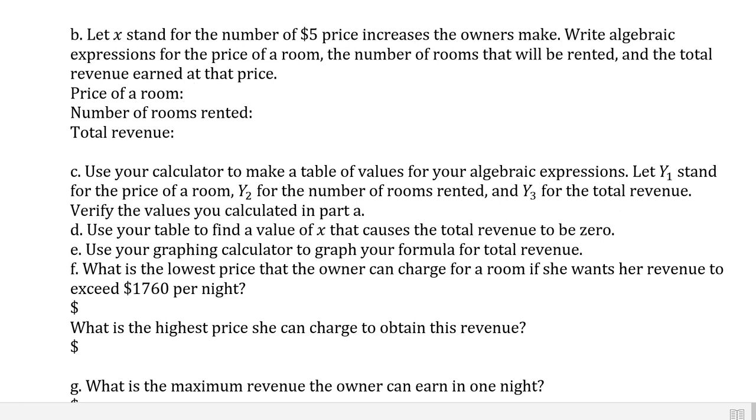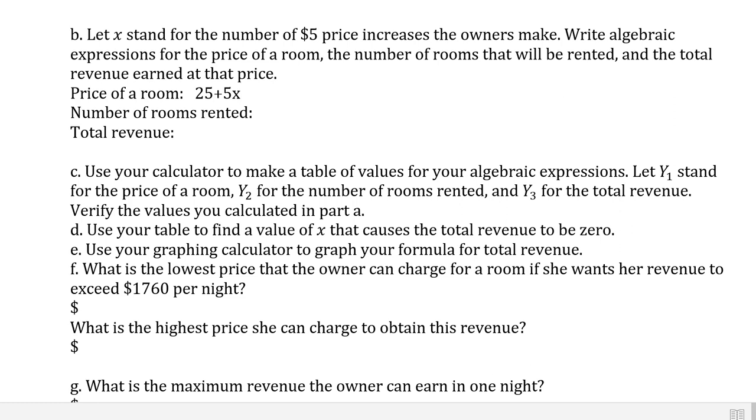And so the price of a room, again, started at $25. It increased by $5 every time, and so plus 5x would give us the total price of the room.